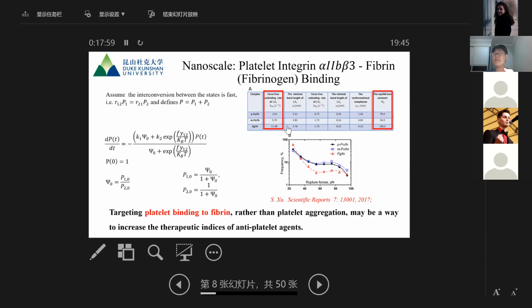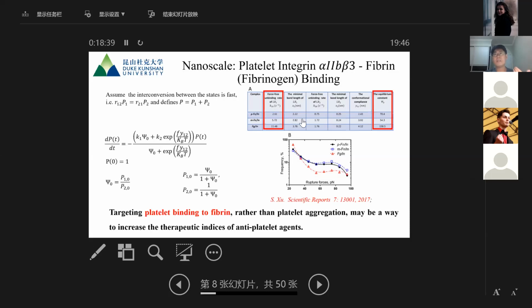The second reason is that there are two states. There is another one called a strong affinity, which is strong but hard to form. The last column tells us that the alpha-2b beta-3 fibrin complex has more. This is the ratio; it tells you how much strong affinity state is in the alpha-2b beta-3 fibrin complex.